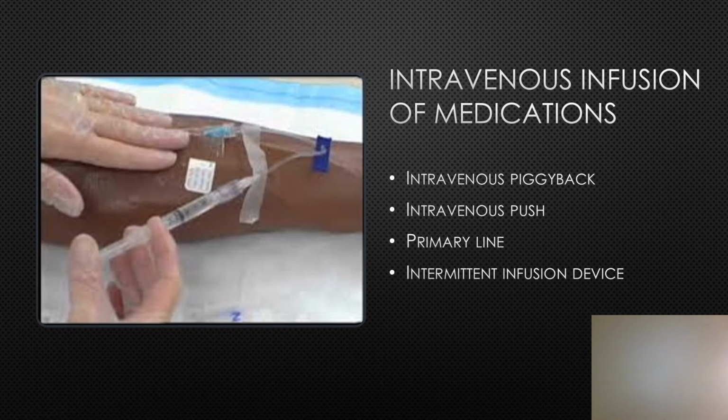The flushing solution that's recommended for short peripheral catheters is normal saline. It's also the same for a central venous access device, but you may also be required to use heparin to keep it patent.